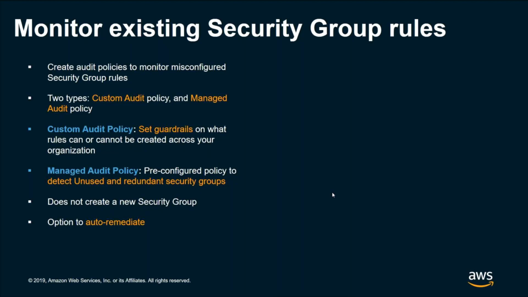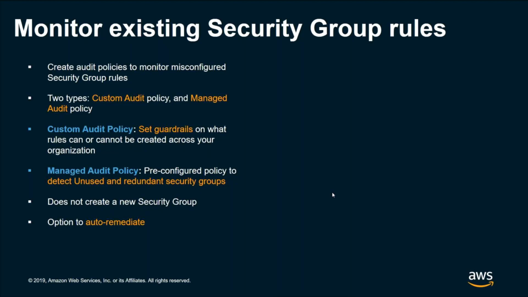It's just a way for you to audit for misconfigured security groups. And just like the common security group policy, you have the option to automatically remediate when misconfigured security groups or rules are discovered. When you want Firewall Manager to auto remediate, it will remove those security groups or security group rules as appropriate.